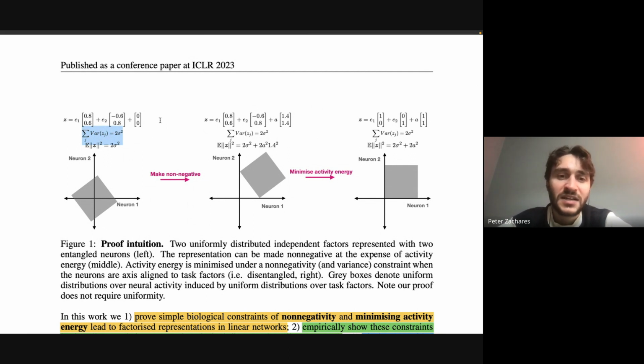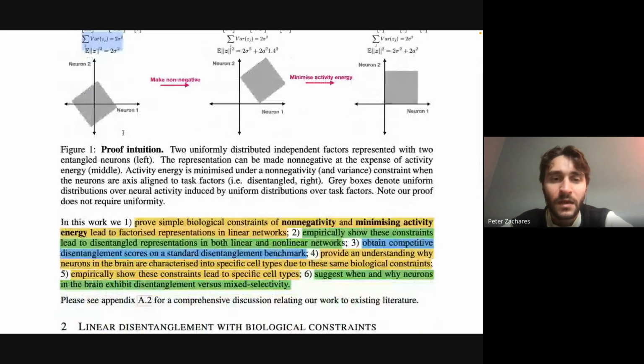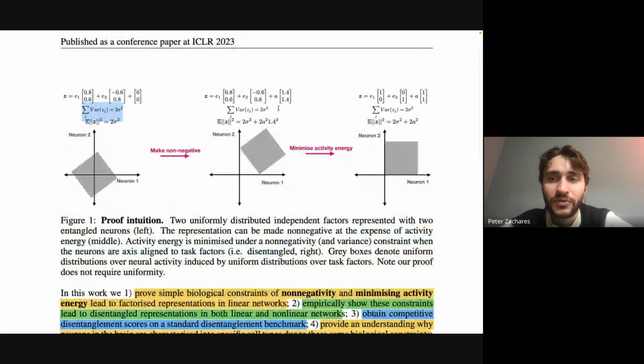Because if it didn't, and you applied these two constraints, then the optimal solution would be one where everything was zero. So they have to ensure that there's some fixed variance, and that's why you can see that in all three of these diagrams there's a fixed variance.